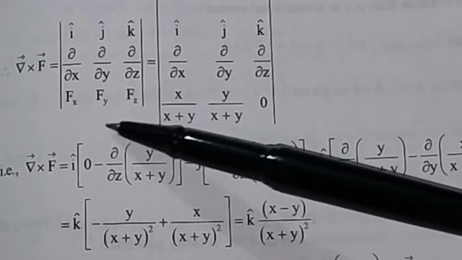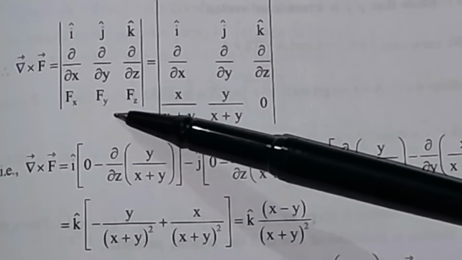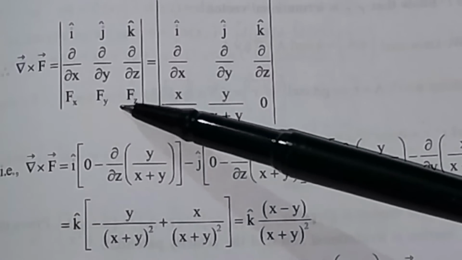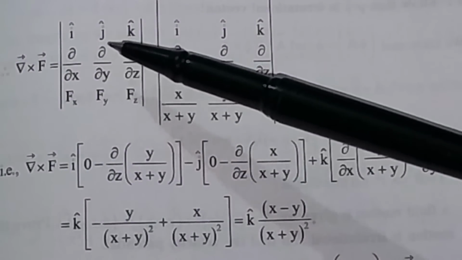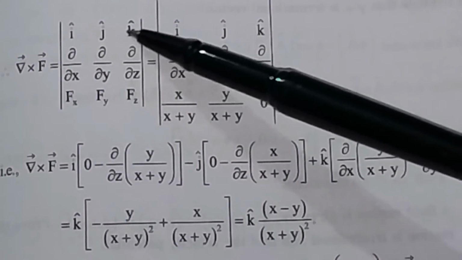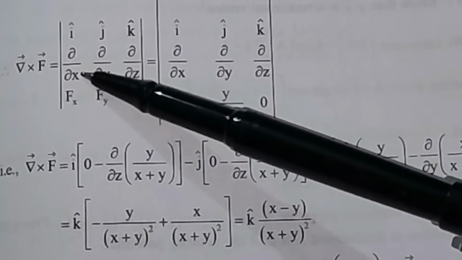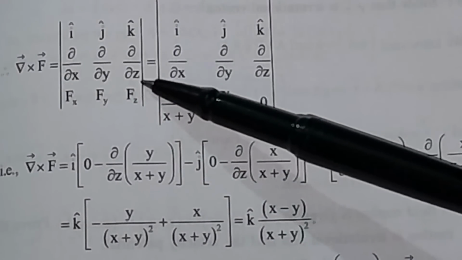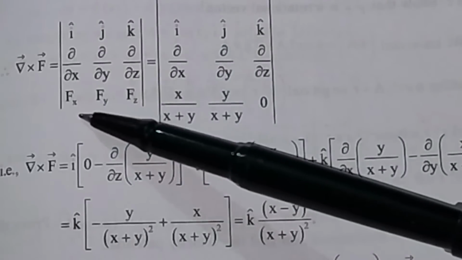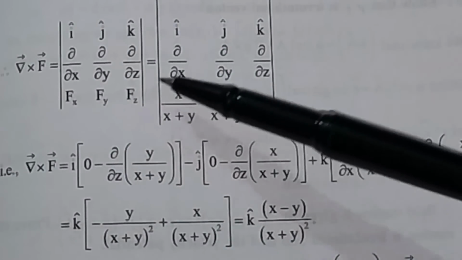Suppose the given vector f has three components fx, fy and fz. So the determinant will be equal to i cap, j cap, k cap; partial derivative with respect to x, partial derivative with respect to y, partial derivative with respect to z; fx, fy, fz.